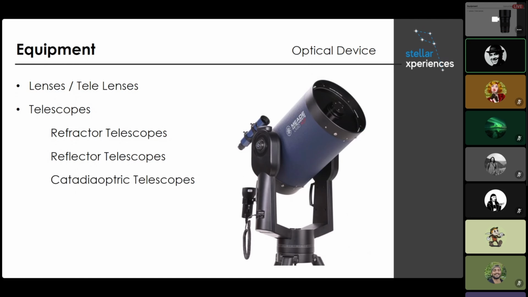And the third type is called catadioptric telescopes. They're actually hybrid telescopes of the first two. They have glass here, and also they have a mirror, and they have the secondary mirror. These telescopes have advantages and disadvantages we will be talking about. So it is the mix of the first two.